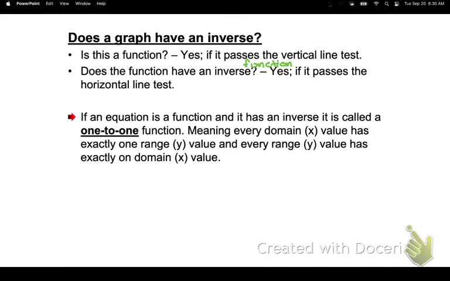Okay. That means it is 1-to-1, and we've talked about 1-to-1 before. 1-to-1 means every x has one y, and every y has one x. That's all 1-to-1 means. It passes both the horizontal and the vertical line test.